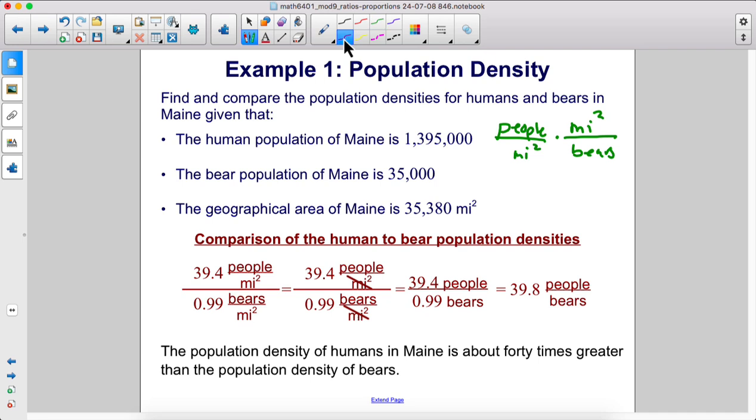You can see clearly that miles squared cancels out, and we are left with people to bears. So the ratio of people to bears is 39.8. The population density of humans in Maine is approximately 40 times greater than the population density of bears.